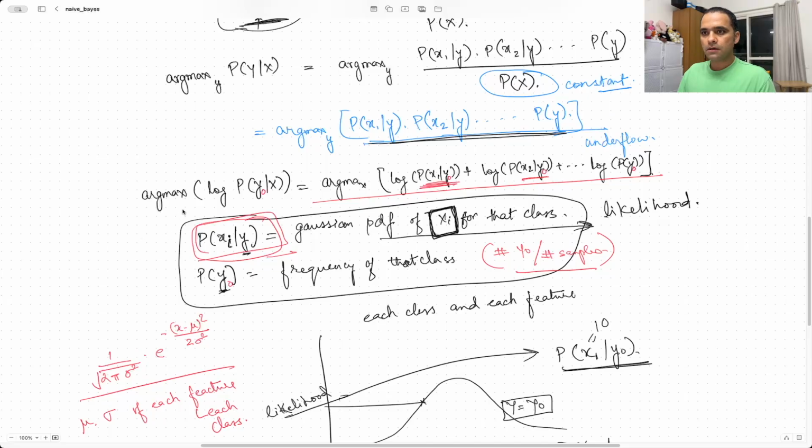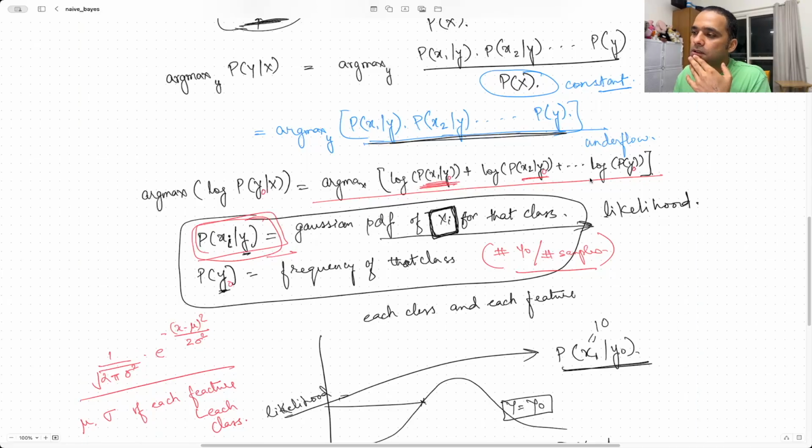So right now, this is in our expressions. This is the posterior probability. P of y0 is the prior probability, which we will extract from the self dot underscore priors attribute. And this sum of all these log of probabilities is the sum of the logarithm of all the likelihoods.